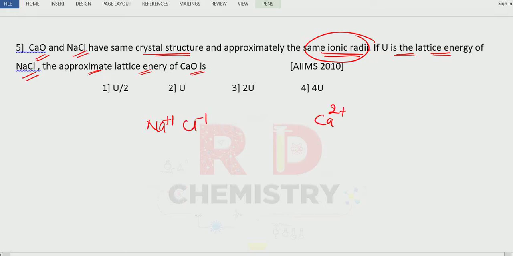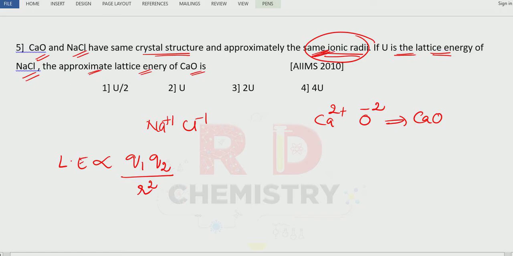Calcium plus 2 charge, oxide also minus 2 charge, correct? That's why plus 2 minus 2 get cancelled, and that's why I write the calcium oxide formula like this. Lattice enthalpy is directly proportional to cationic charge into anionic charge divided by distance between the two centers. Clear?